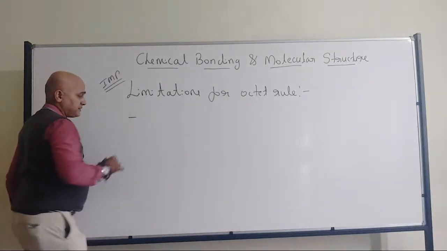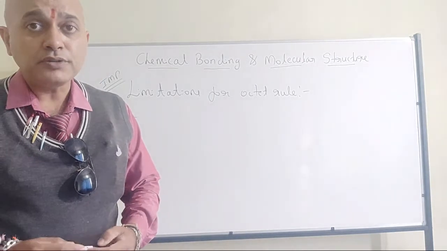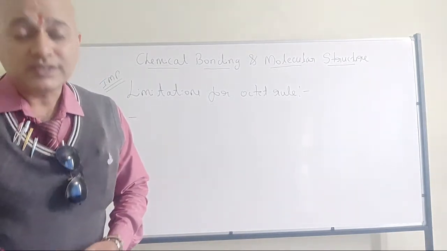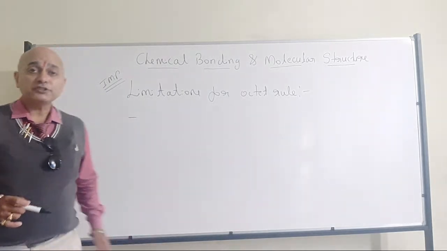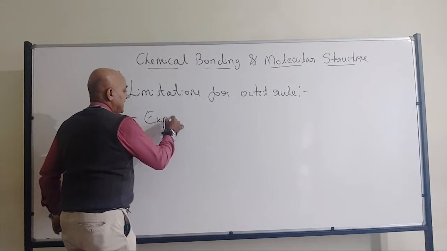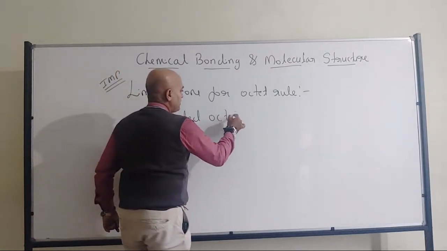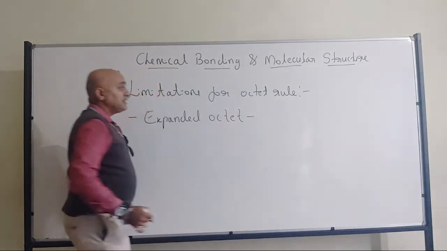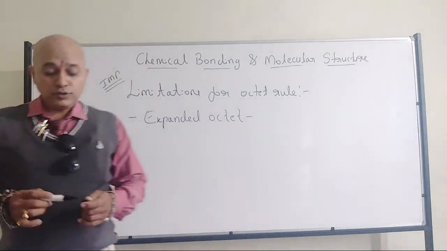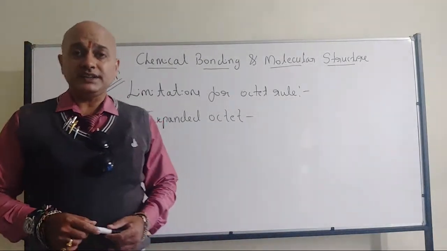Now the last one, that is with respect to expanded octet. When I am talking about expanded octet, it should be dealing with those molecules where more than 8 electrons are present.